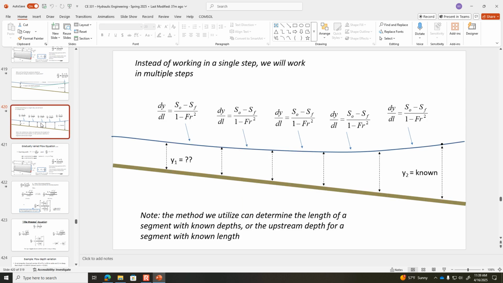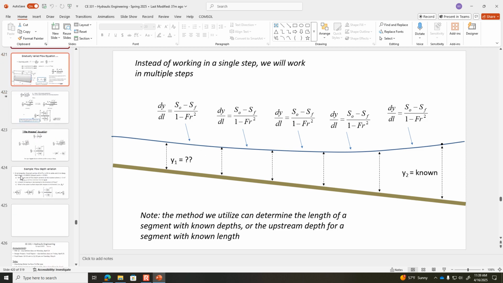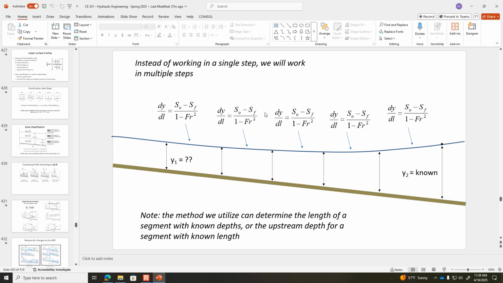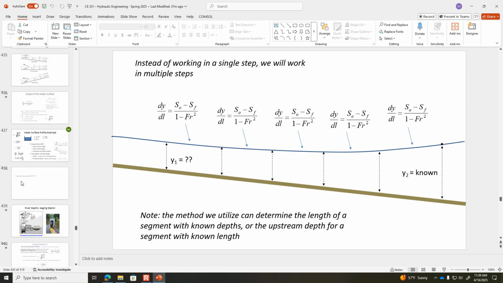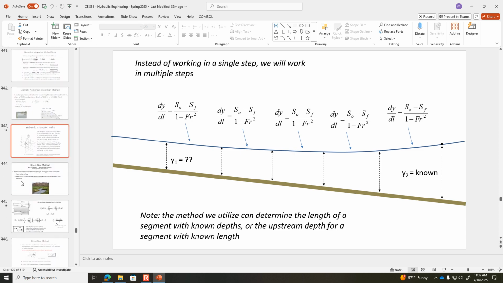Like here, it'll look at the midpoint between two sections and it will assume that you have linear conditions between those 2 points. So this is kind of a visual representation of what we're going to be doing with the direct step method.